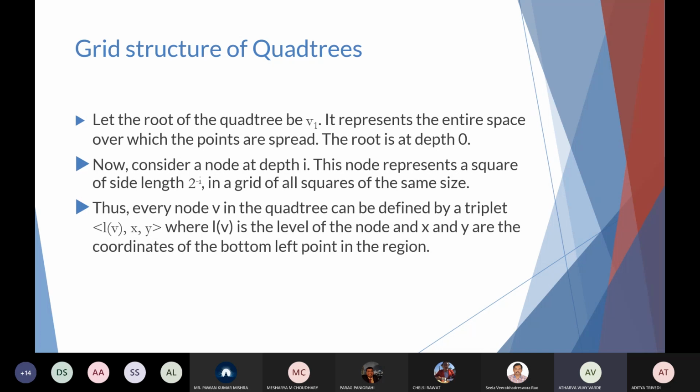Every node of such a side length together comprises a grid of depth i, and every node in such a grid can be defined by a unique triplet comprising the level or depth of the node, and the x and y coordinates of its bottom left point, to differentiate the nodes from each other at the same level.